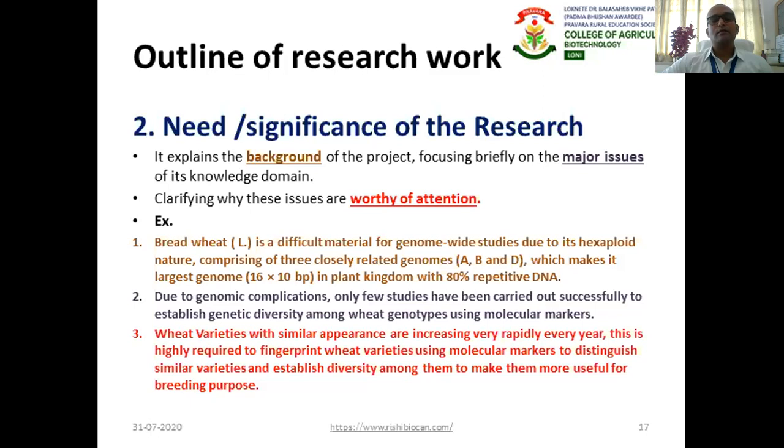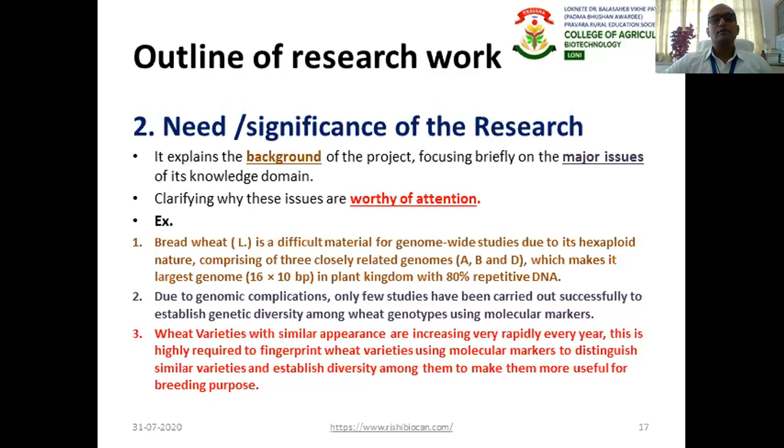It is comprised of 3 closely related genomes, genome A, B and D, so it is challenging to work on. Then what is the major issue? Due to genomic complications, only a few studies have been carried out successfully to establish genetic diversity among wheat genotypes using molecular markers. Because of this complication, very few scientists work on wheat. That's why you want to work on that.